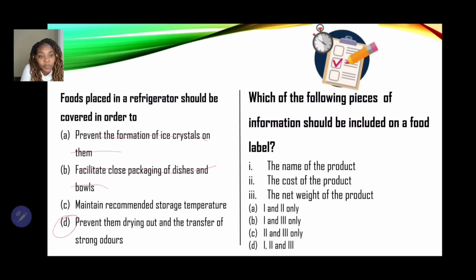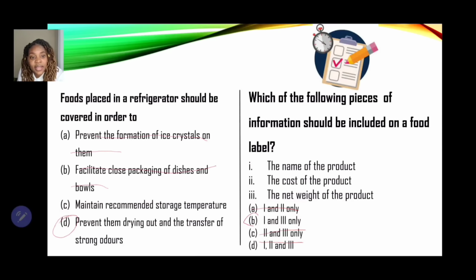So any option with 2 we would leave out, right? So let us look at them now. So any option with 2 we don't want. So we have 2 here, 2 there, and also 2 in A. So guess what? We're left with B. Now let us look at what B says. So 1, the name of the product should be on the product, and also the net weight of the product. So the ideal answer there is B.